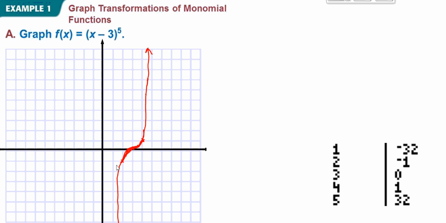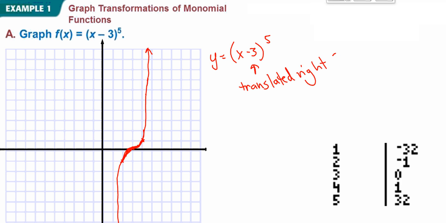So when we think about that, this is y equals x minus 3 to the 5th, or f of x equals x minus 3 to the 5th. And that minus 3 translates it to the right 3 as we look at that.